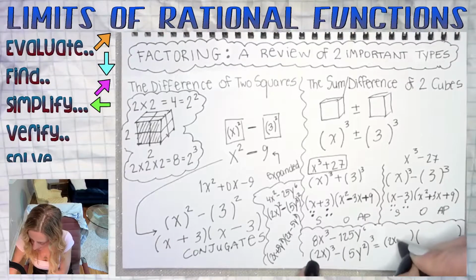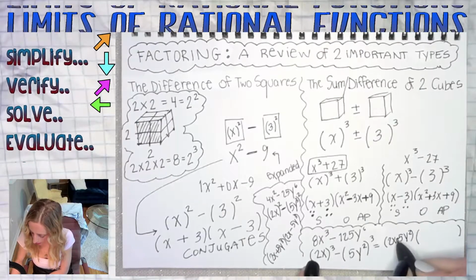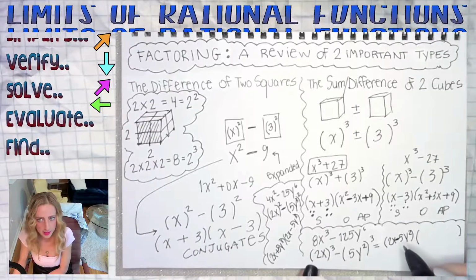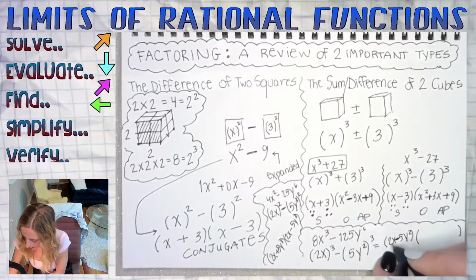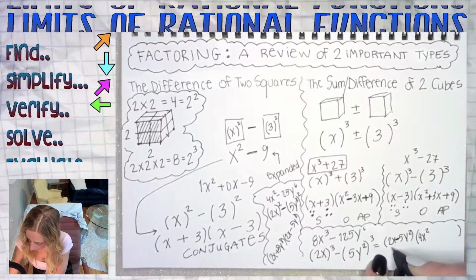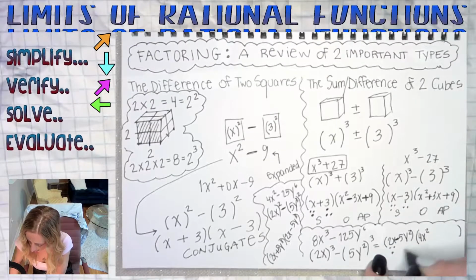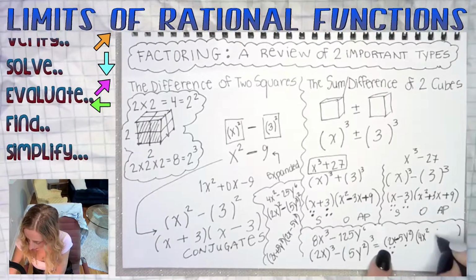What's left is 2x minus 5y squared. Sometimes this might end up being the difference of 2 squares, and you could factor it even further. Then 2x times 2x, 4x to the second. So that was 2x times 2x. 2x times 5y squared. That's going to be 10xy squared.